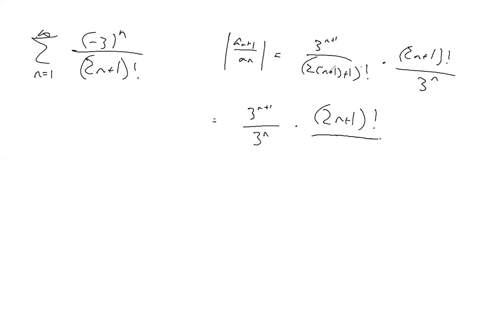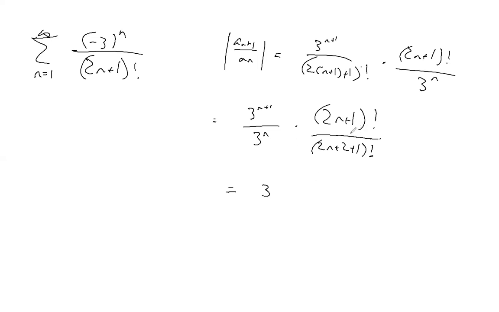Now let's distribute this stuff out in this factorial. That might make it a little easier to see. This is going to end up being (2n plus 2 plus 1) factorial, right? So let's simplify this. 3n plus 1 over 3n, that's just 3.